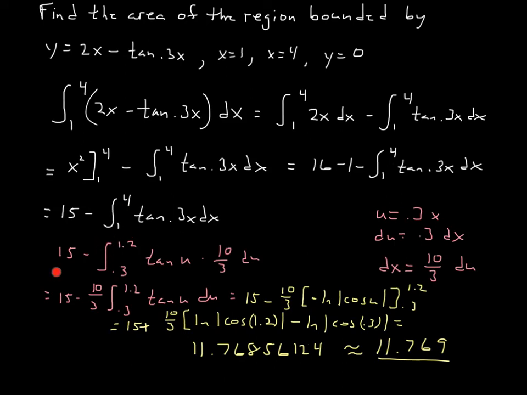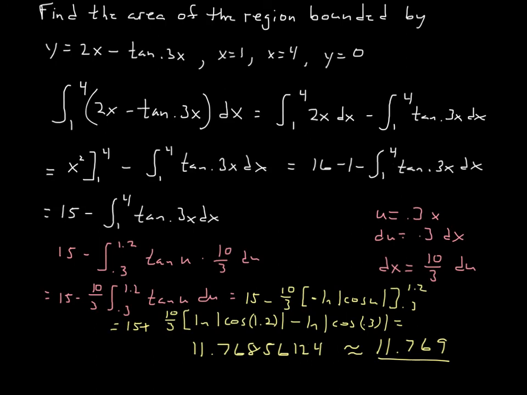So this is going to become 15 minus the integral from 0.3 to 1.2 of the tangent of u times 10/3 du. And I'll pull that 10/3 out, so I get 15 minus 10/3 times the integral from 0.3 to 1.2 of tangent of u du, which we know is equal to 15 minus 10/3 times the integral of tangent u, which is negative natural log of the absolute value of cosine of u, where u goes from 0.3 to 1.2.